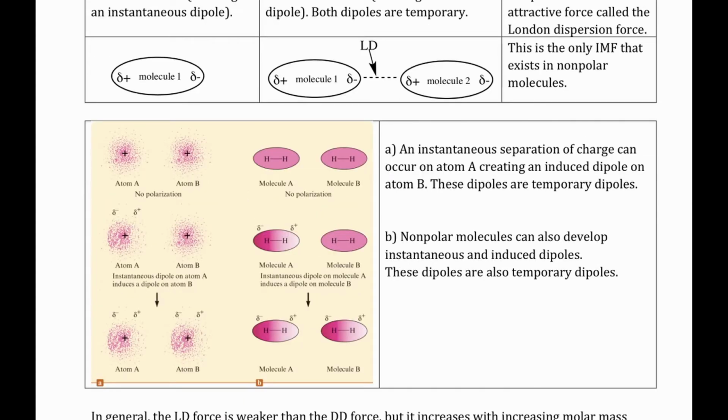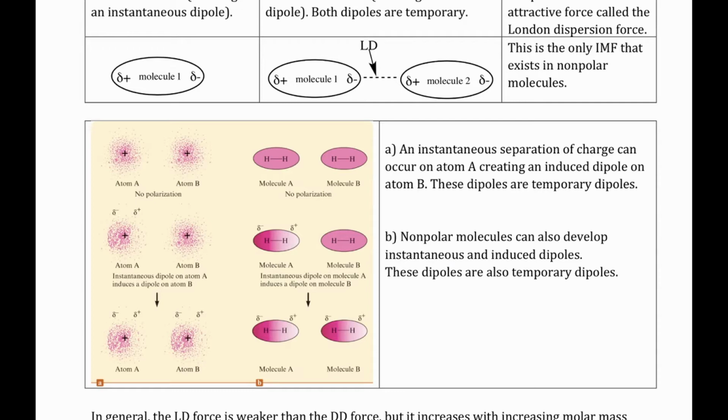So in our diagram on the left, we have atoms. Now, atoms can be condensed into the liquid phase, like argon atoms. But normally an atom has pretty evenly distributed electrons. In our diagram here, for atom A and atom B at the top with no polarization, the electrons are distributed evenly.